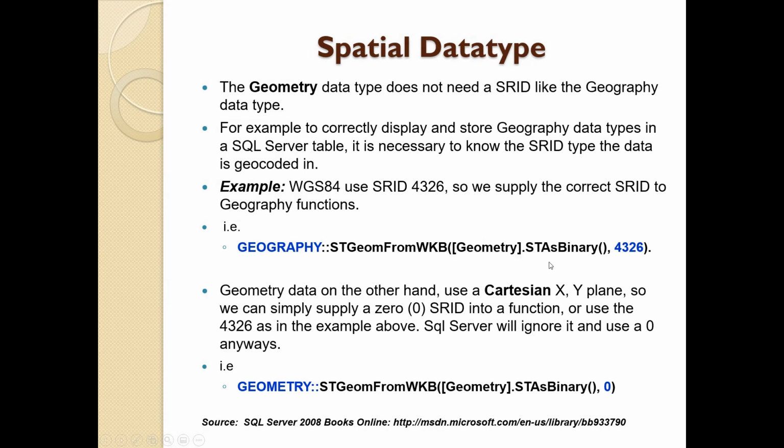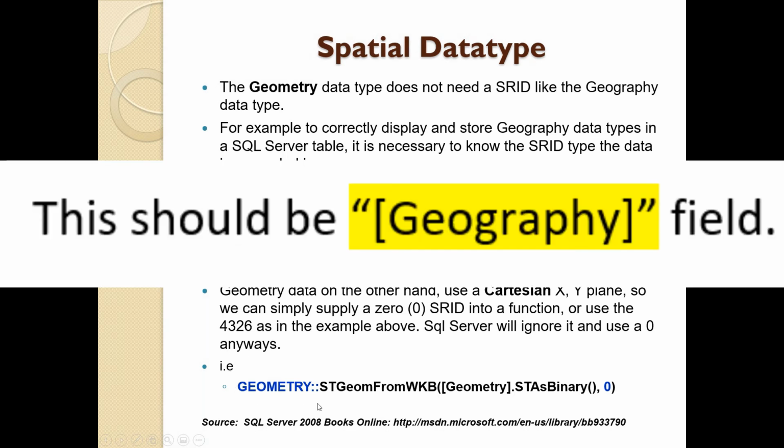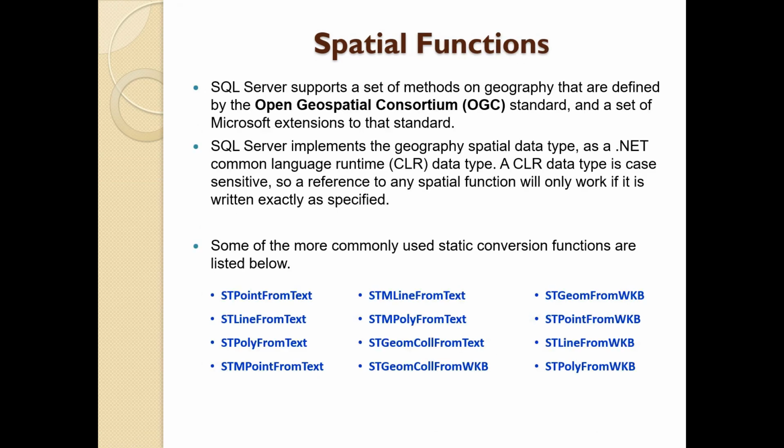Pass in the geometry object, and it is converted into binary format and uses this reference system. And for geometry, you use the geometry prefix, and same thing, geom from well-known binary. Pass in the geometry shape, the column, if you will, and then make it binary. And you can put a 0 in here because it doesn't care, because it uses a Cartesian plane to calculate everything. So let's look at some spatial functions.